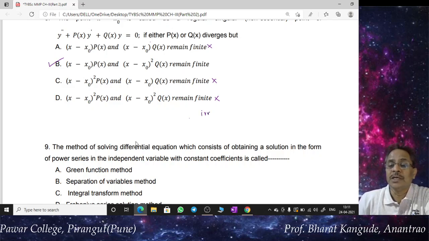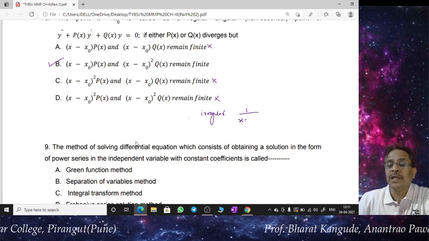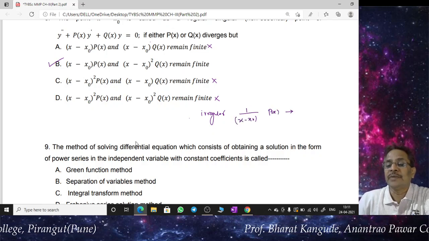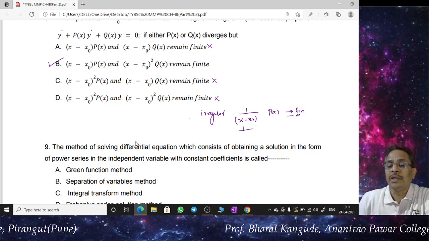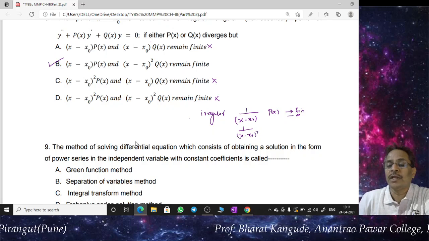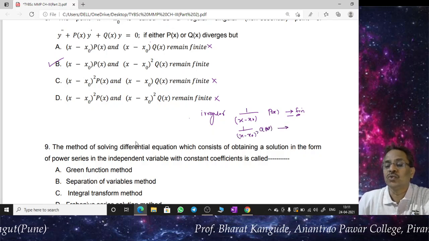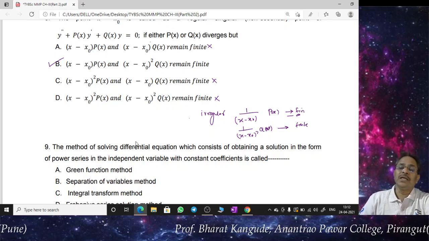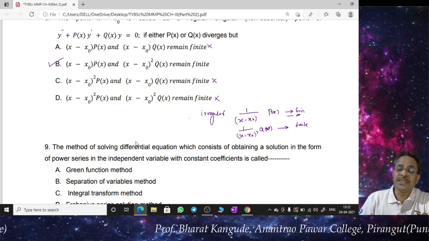For this irregular singularity, we know the condition: 1 upon x minus x0 into p of x, whether it remains finite or becomes infinity, as well as 1 upon x minus x0 square into q of x. Either it goes to infinity or it remains finite. Based upon that, we call that given point an irregular singular point or essential singularity.